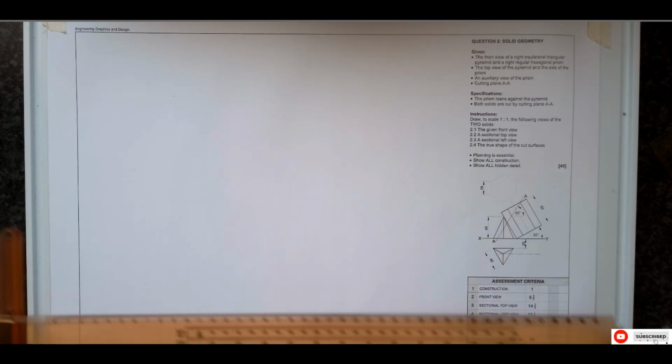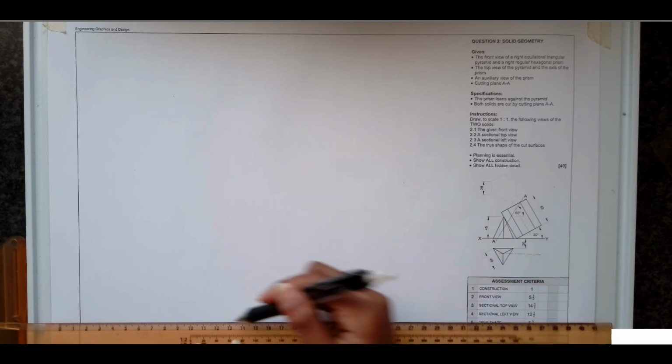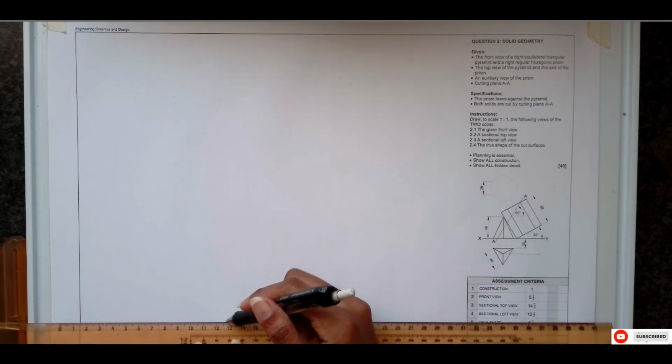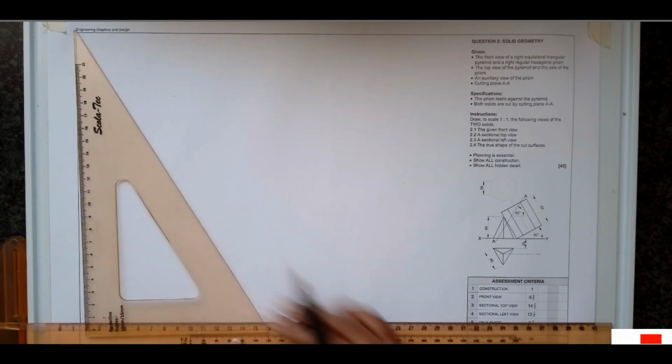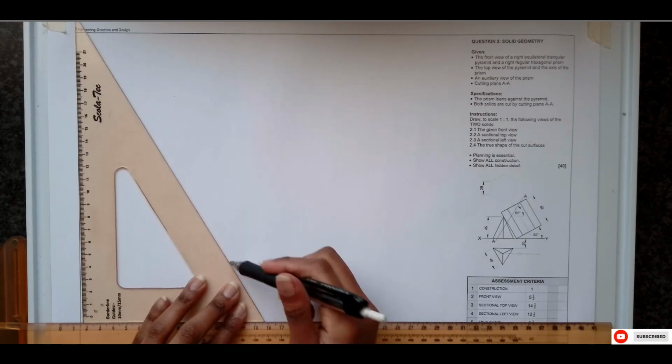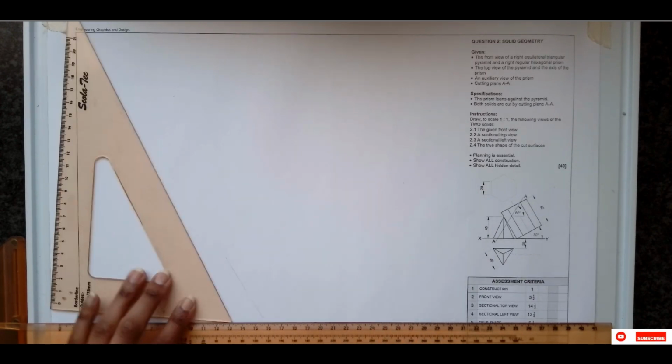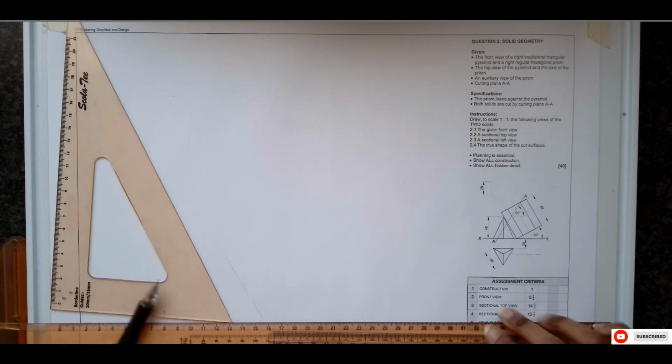I'm going to start with the top view in construction because they require a sectional. So each side is 40 millimeters.